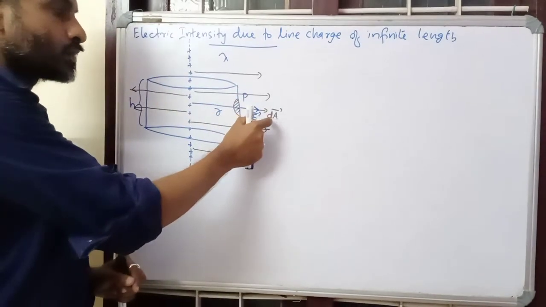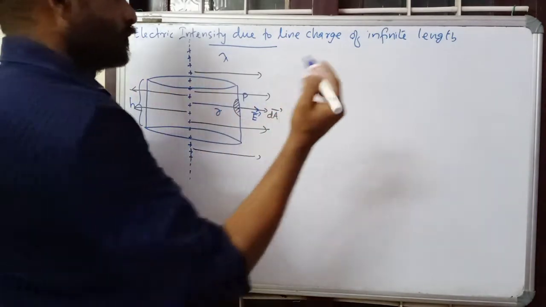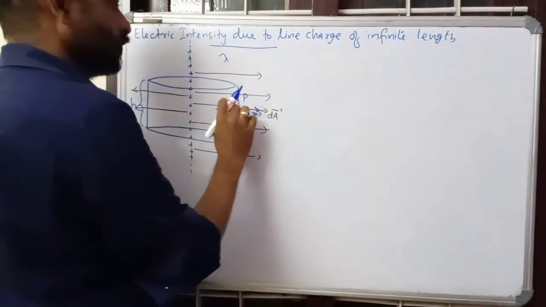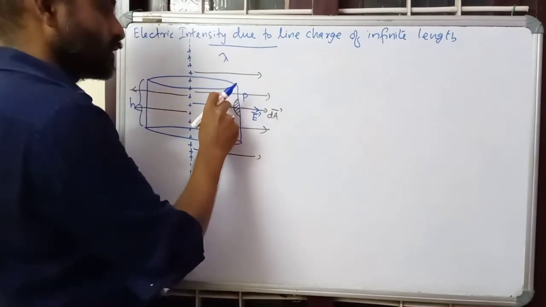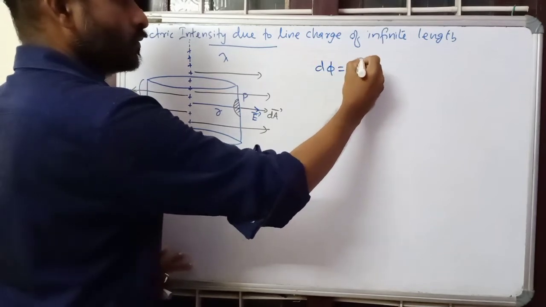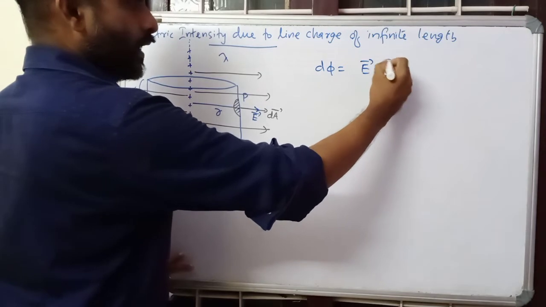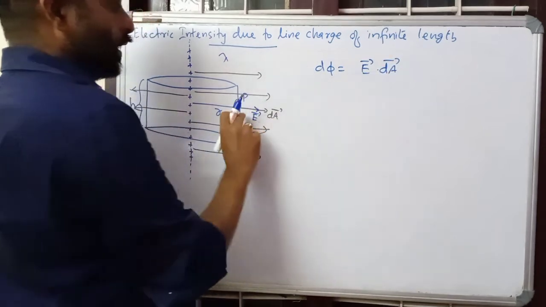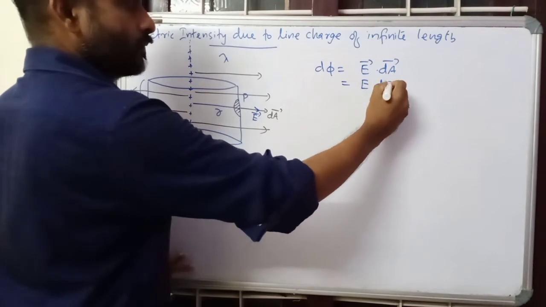So I am going to apply Gauss's law for the curved surface. For the curved surface, we need to find the total flux. For the small surface of area dA, the small flux d phi is equal to E dot dA. But E and dA are in the same direction, so we can write E into dA.